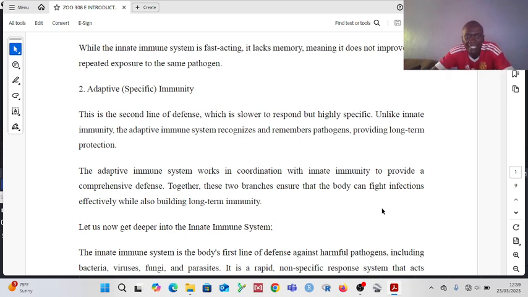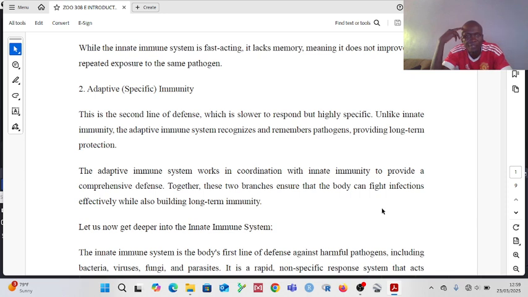So unlike the innate immunity, the adaptive immune system recognizes and remembers pathogens. So it has memory, unlike the innate immunity, which doesn't have memory. So by virtue of it having memory, it leads to the provision of long-term protection.